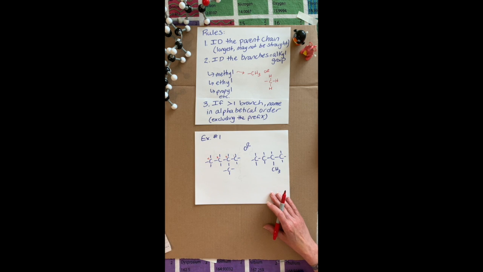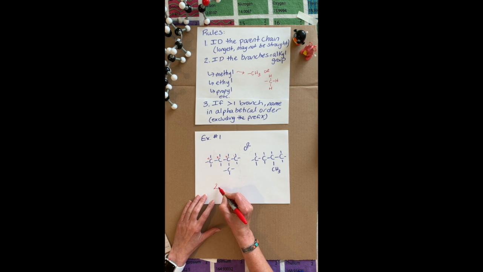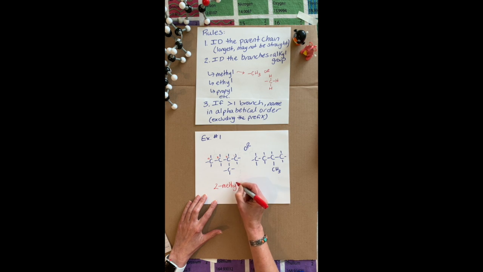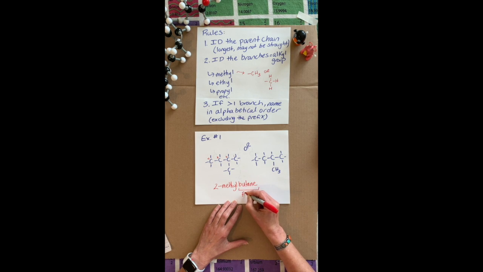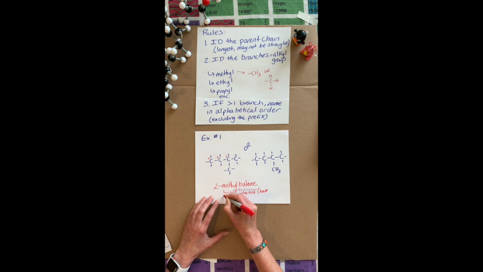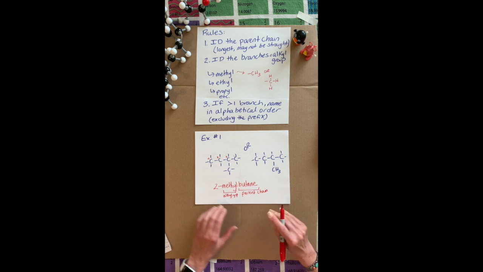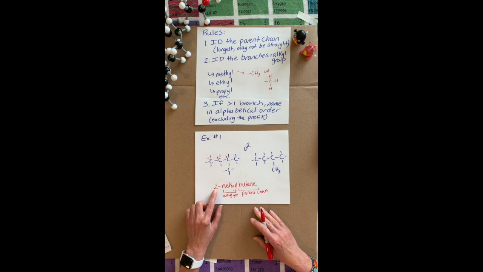So we're going to name this 2-methyl butane. This is the parent chain. This is the alkyl group or branch, and the number 2 is the location of the branch coming off that parent chain.